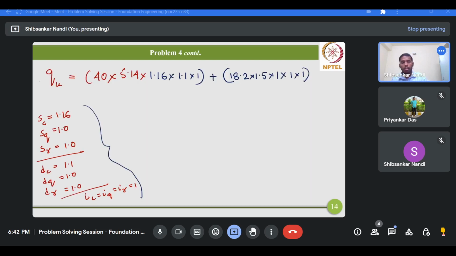So now what would be the ultimate bearing capacity value? 40 into 5.14 into 1.16 into 1.1 plus 18.2 into 1.5, which is 289.65 kilonewton per meter square. Before that, please let me check the original question from where I have taken this.